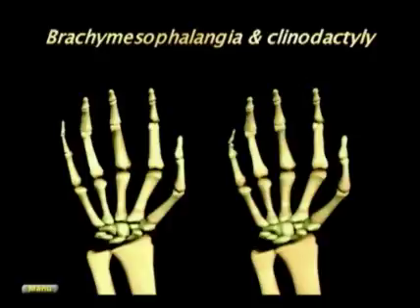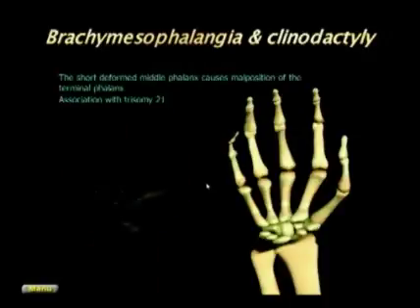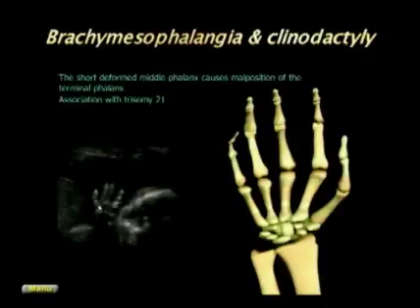Because of that, its articular surface here is abnormal, and that leads to clinodactyly, the position of the fifth digit's last phalanx that is abnormal and is bent in. That is quite typical of trisomy 21. So this is one of those that we look for prenatally. Here we have an example of clinodactyly. You can see that the fifth finger here is rotated towards the fourth finger.